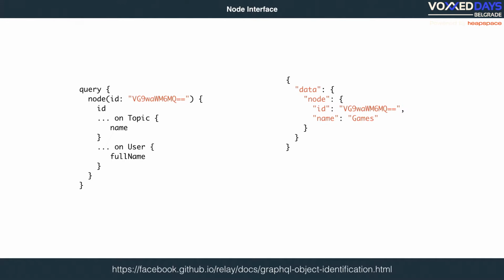This is the best way to cache data and put it in and out of the cache. Relay uses it extensively internally. There is some security consideration with the node interface, because if every object in your system is accessible by a single query by an ID, you have to add protections to check if the user can actually have access to that field. But this is something you do only in one place.